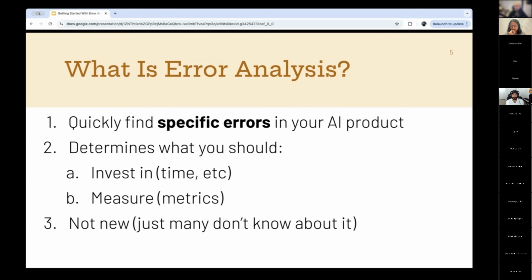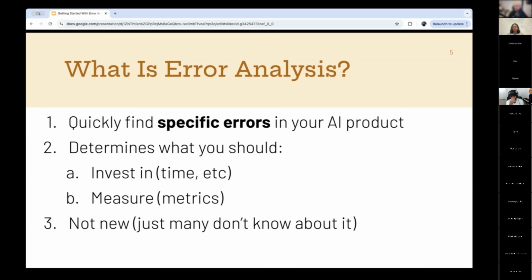And error analysis is a time-tested technique that you can use to quickly find, number one, what you should invest your time in. There are so many different moving parts in AI, so many different components. Should you tune your RAG system? Should you do prompt engineering? Should you invest in a framework?